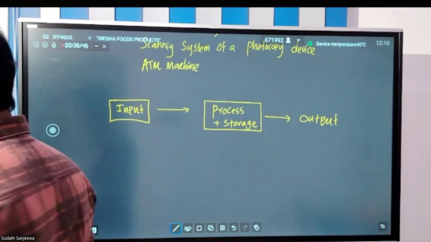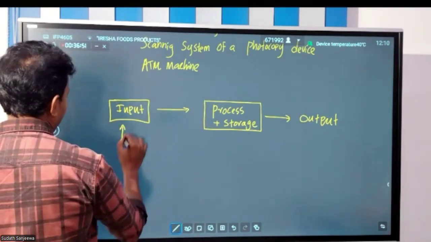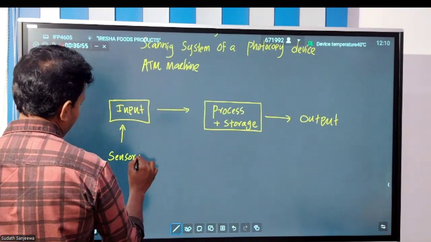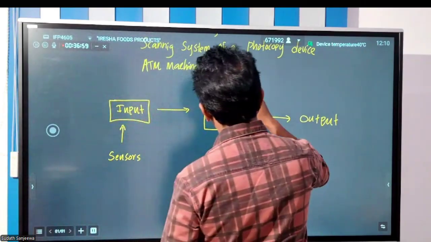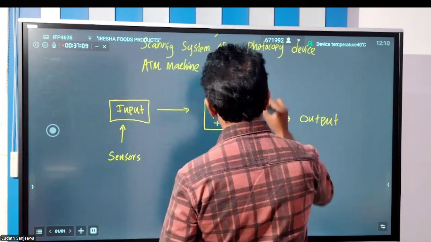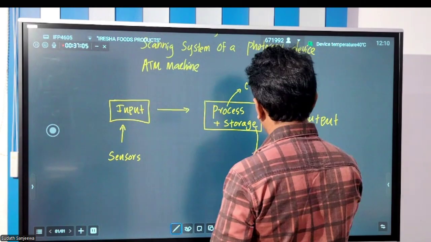Right? So how do you get the input? From sensors. How do you process? From the CPU. How do you store? From the memory. Right?